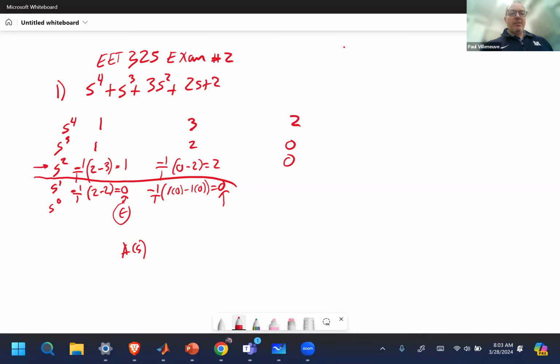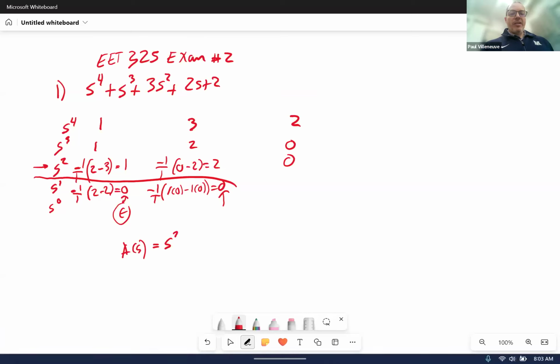So that becomes S squared, because 1 times S squared is S squared, plus, and then we skip a term, 2, and then we take the derivative of that with respect to S, and that's what our coefficients are going to be. We substituted 2 in there. Not an epsilon, but a value of 2. Okay, everybody see that?